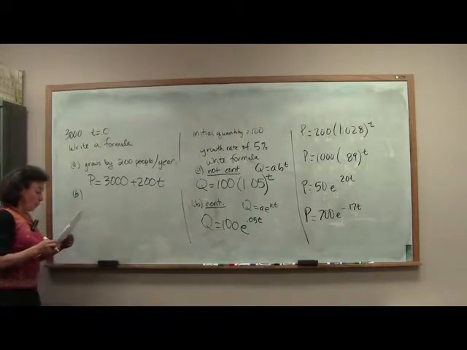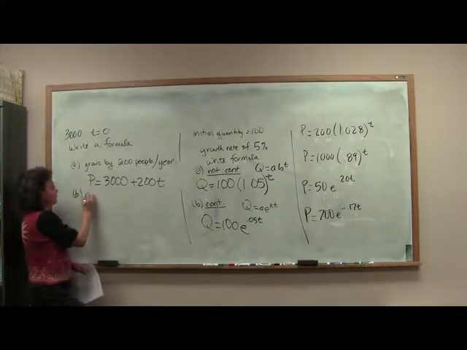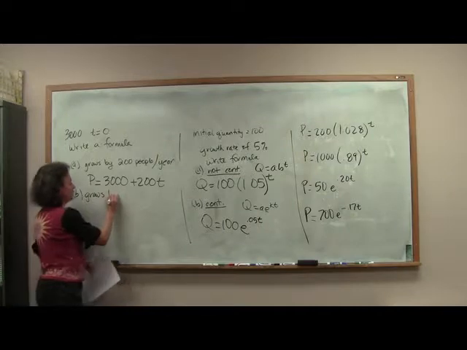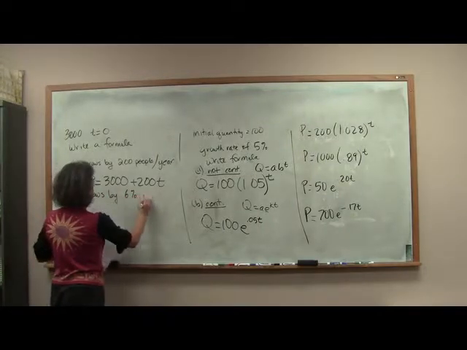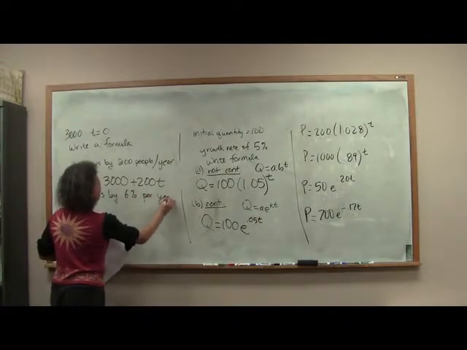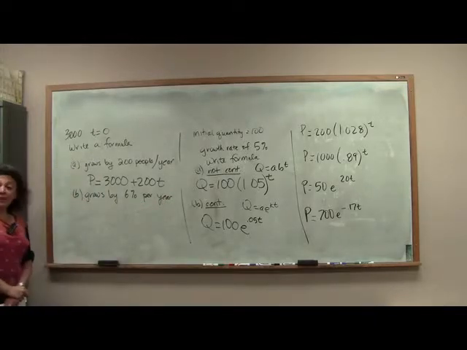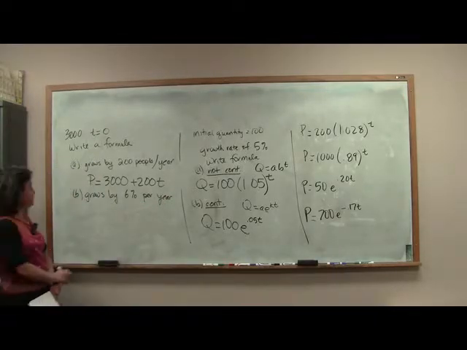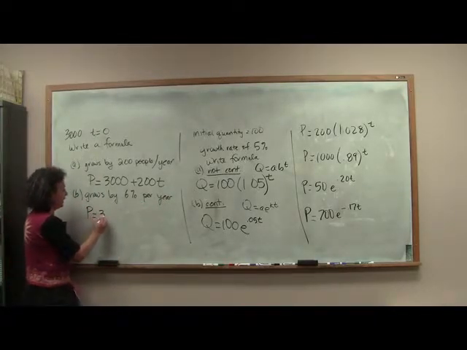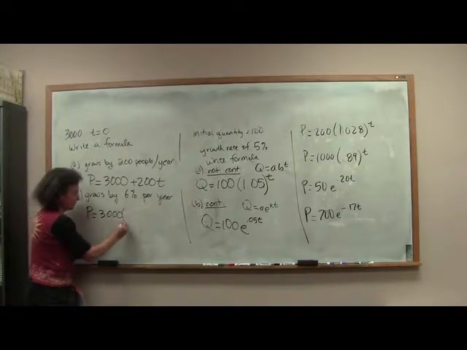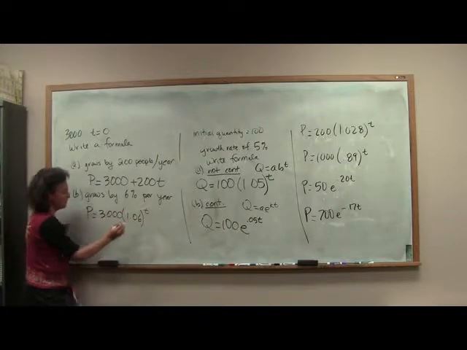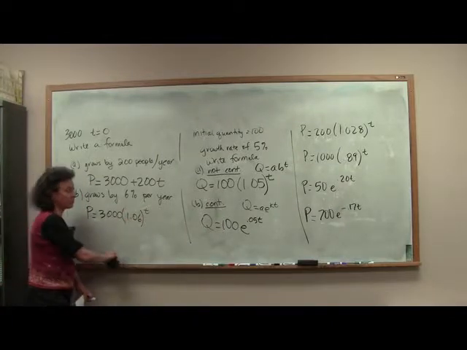Okay? What if now I'm going to say that it grows by 6% per year? Now this is an example of an exponential. Again, the 3,000 goes out front, but now I have 1.06 to the power of t.